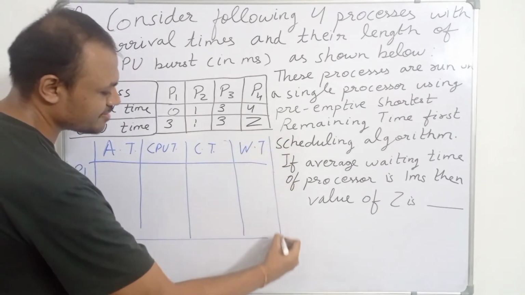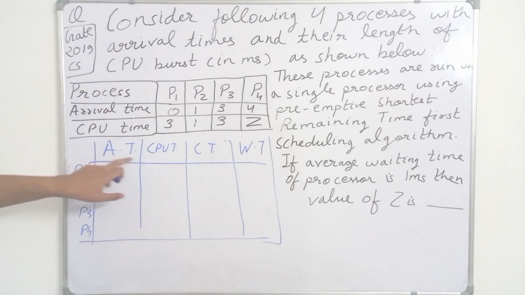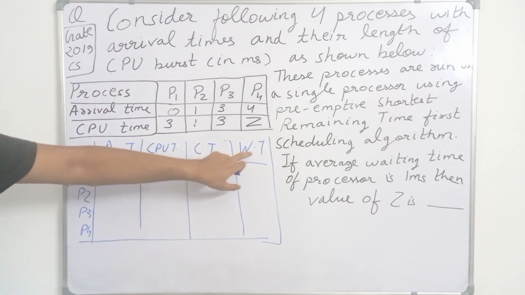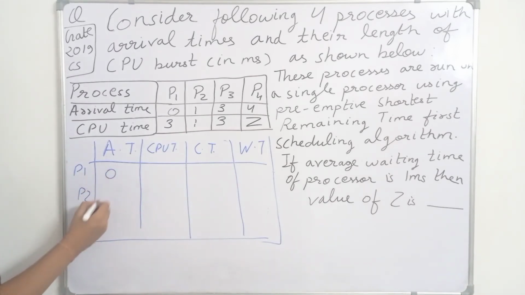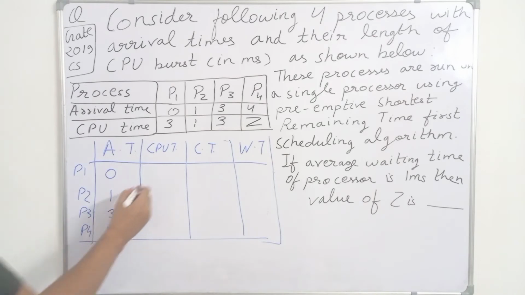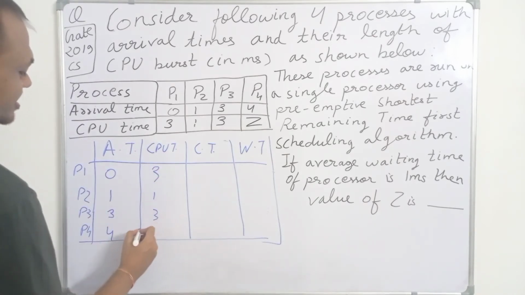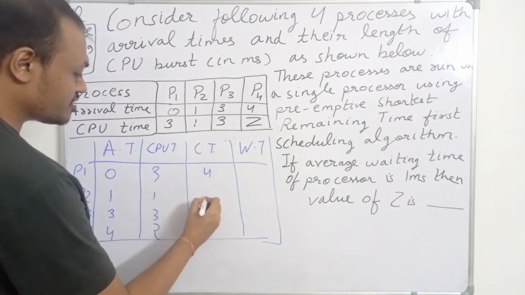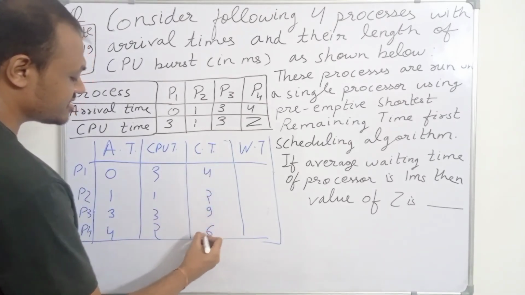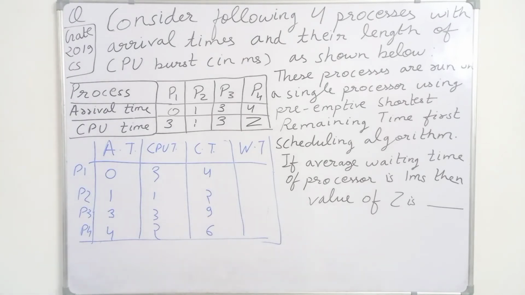Arrival time for P1 is 0, for P2 is 1, for P3 is 3, and for P4 is 4. CPU time is 3, 1, 3, and for P4 we assumed 2. The completion times are 4 for P1, 2 for P2, 9 for P3, and 6 for P4.